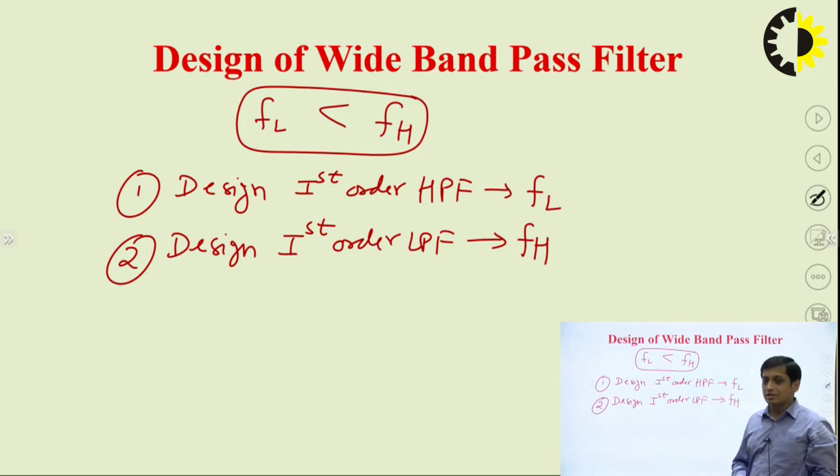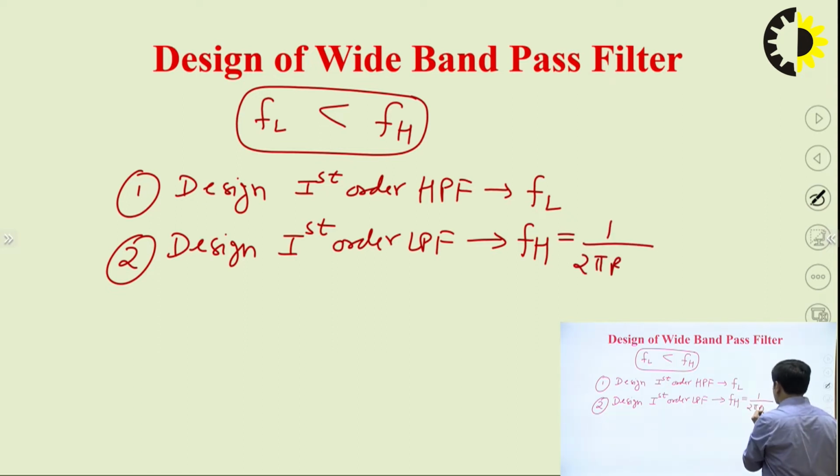Of course FH will be greater than FL, and the formulas for FL and FH you had derived in first order low pass and high pass filter. So this FH is 1 upon 2 pi, since we are using R dash C dash, so 1 upon 2 pi R dash C dash, and FL is equal to 1 upon 2 pi RC.